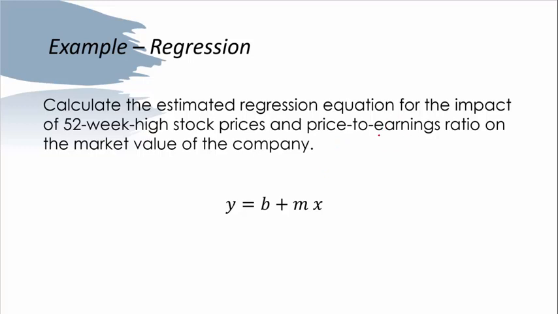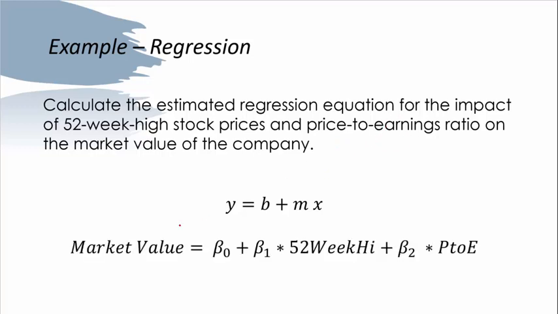So our equation is going to look like this. We're attempting to predict or explain the market value. We're going to have a constant, which is a placeholder that tells us where the line sits in the xy plane, and then a slope times our variable 52-week high, plus another slope, a different value, times our price to earnings ratio. So let's let Minitab do the work for us here.